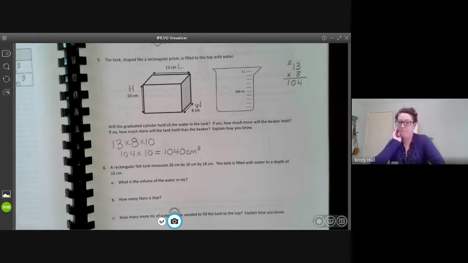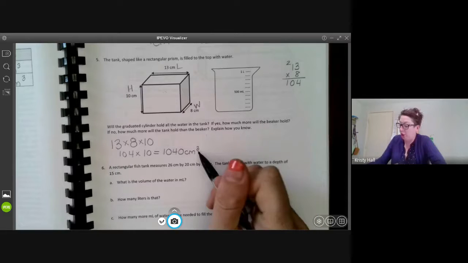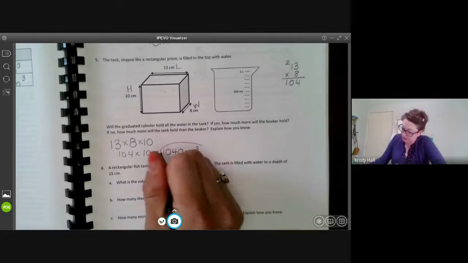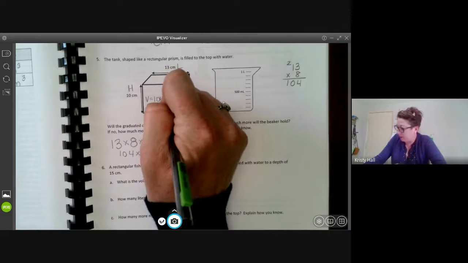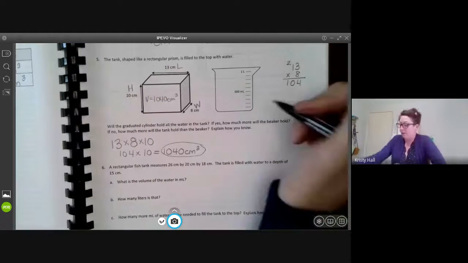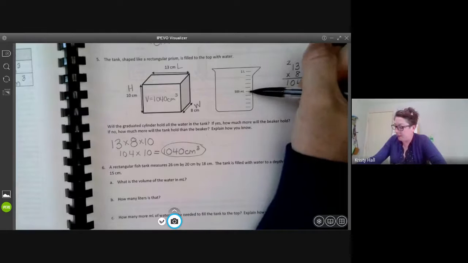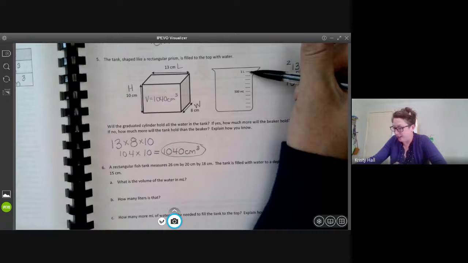Okay. So now we have to look at this beaker. We need to figure out if it will hold all of this water. Okay, so the volume of this figure is 1,040 cubic centimeters. So let's look at the beaker here. I see that they've marked 500 milliliters and then they've marked 1 liter. Well, I'm not dealing with liters, I'm dealing with milliliters.